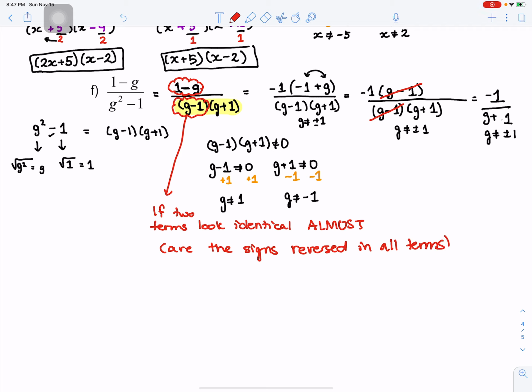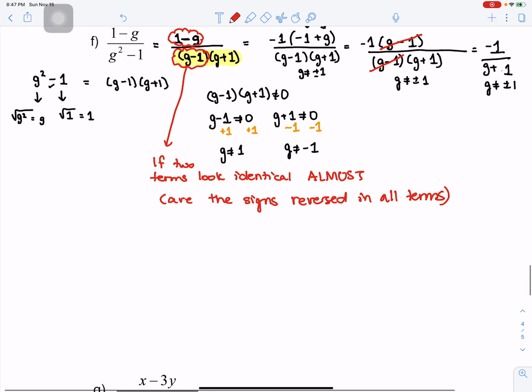So for example, this one was a plus 1, this one's a minus 1. This is a minus g, this is a plus g. Then the terms are identical and they will cancel, and you'll get a negative 1 for the cancellation. So it only works if they're off by a negative sign.